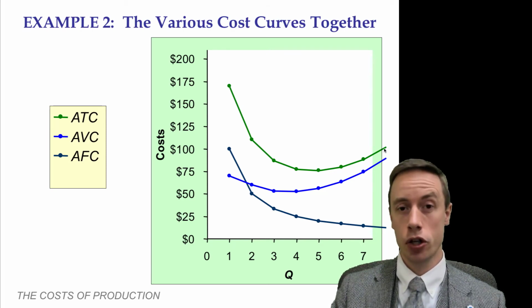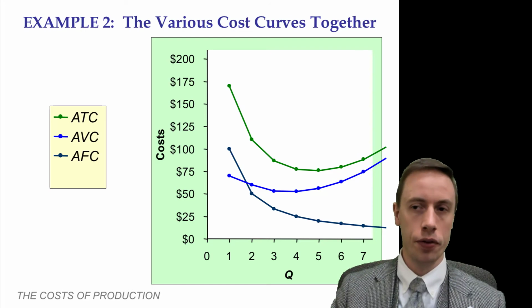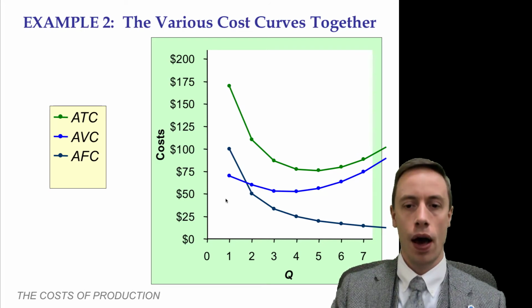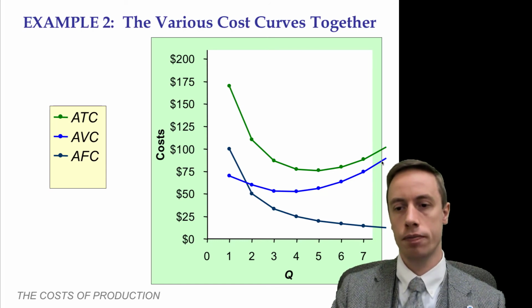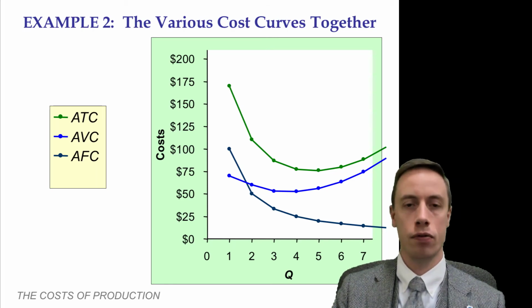So it has to be on top and cannot be crossed by the other 2 averages. And finally, average variable cost will more and more follow the shape of average total cost while lying below it. That's because the distance between average variable and average total is given by average fixed. So the smaller average fixed gets, the closer to each other average variable and average total will be.